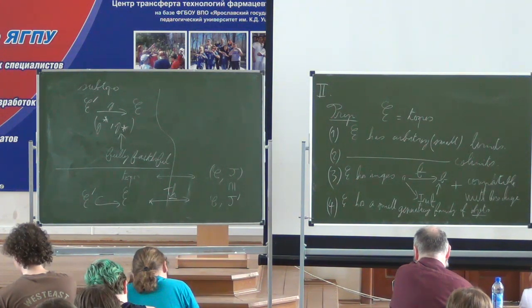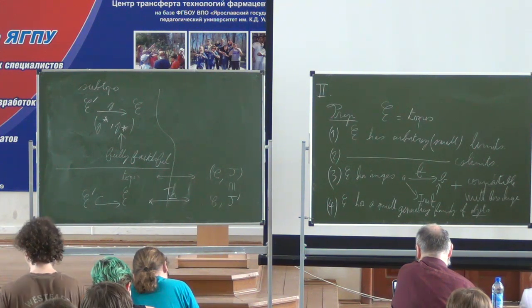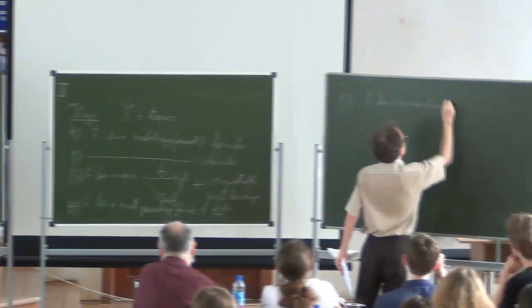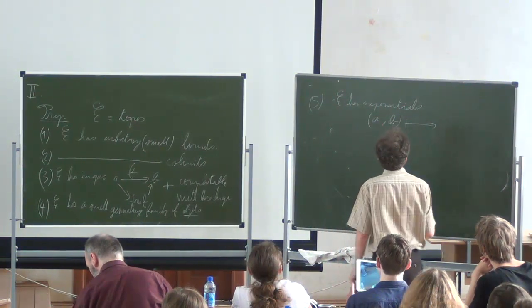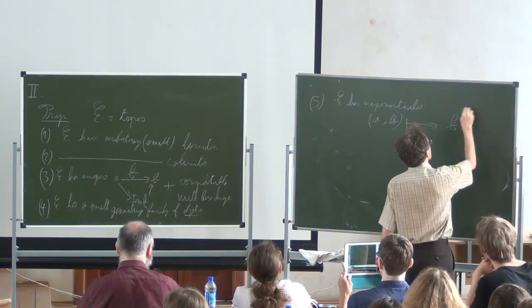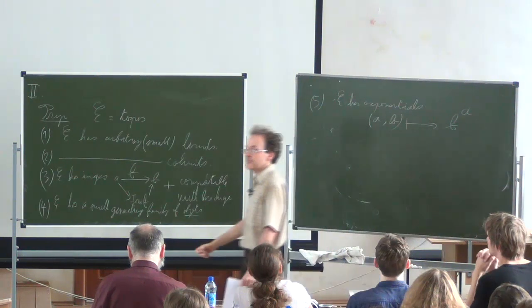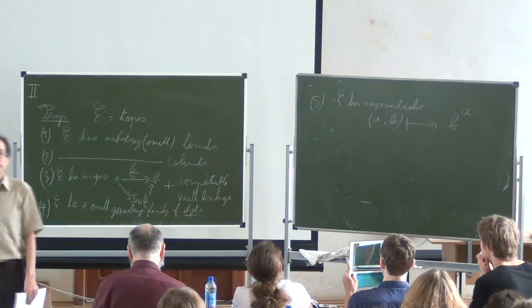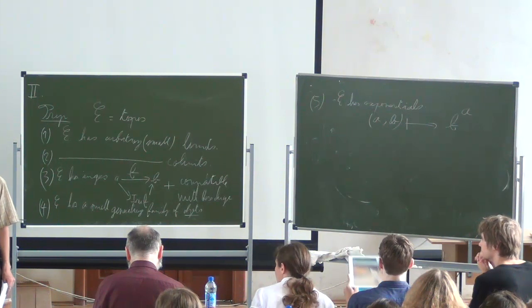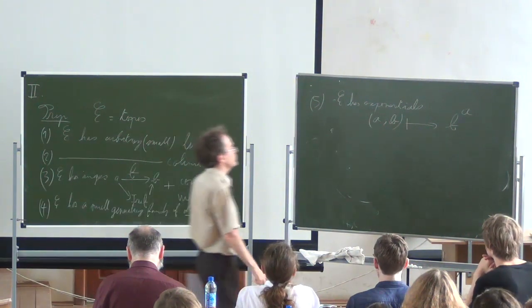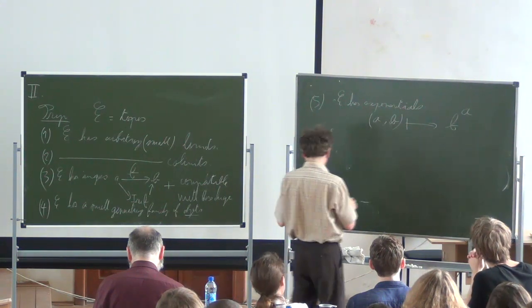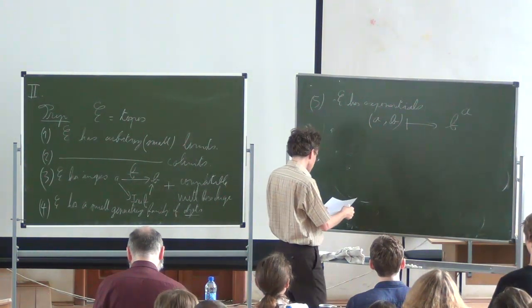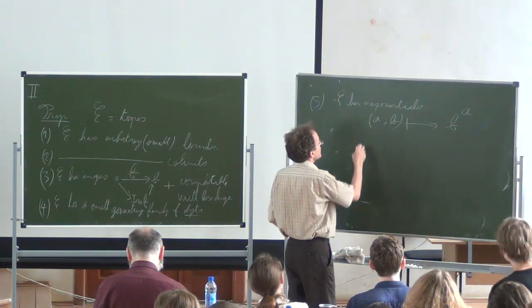The last property I want to say right now is that E has exponentials. So what does it mean? It means that if you have two objects, A and B, you can associate to them another object which is B to the power A, which has the same meaning as in the set theoretic context. So what does it mean? It means the following.